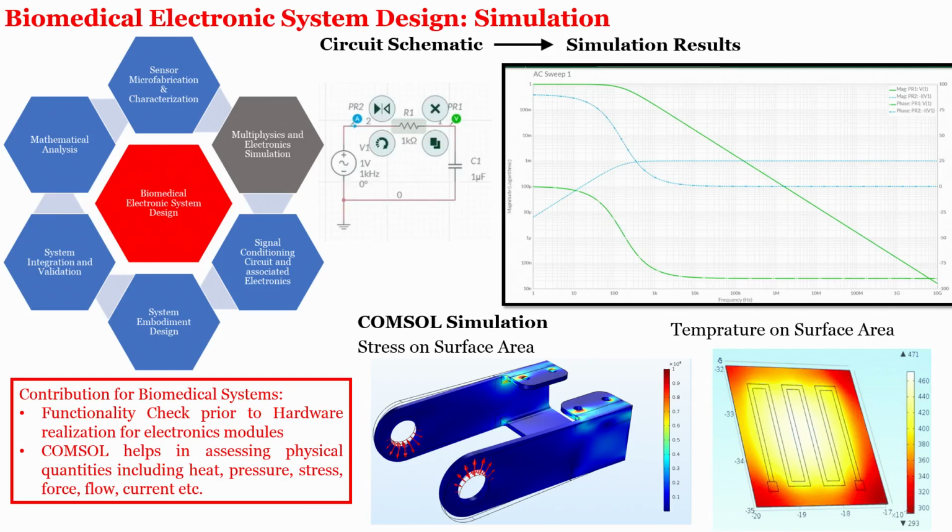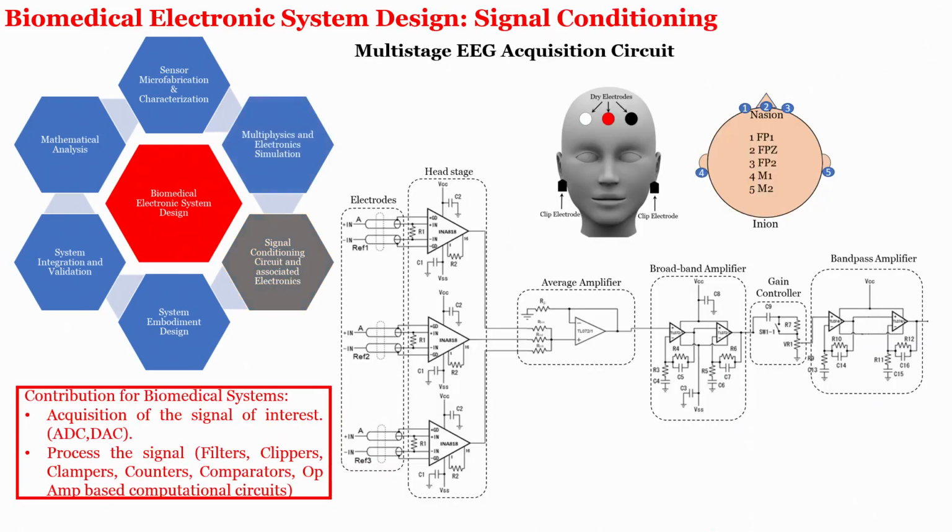This COMSOL simulation is very helpful, because before we actually fabricate the sensor, if you know the simulation result, then you can adjust your parameters accordingly. So, the functionalization check prior to hardware realization of the electronic module is what COMSOL simulation helps with. Of course, there are other software too, but we have shown you COMSOL Multiphysics as an example. It also helps in assessing physical quantities including heat, pressure, stress, force, flow and current.